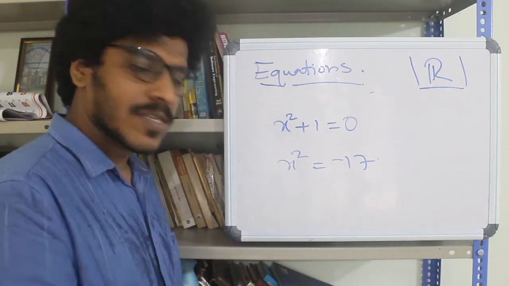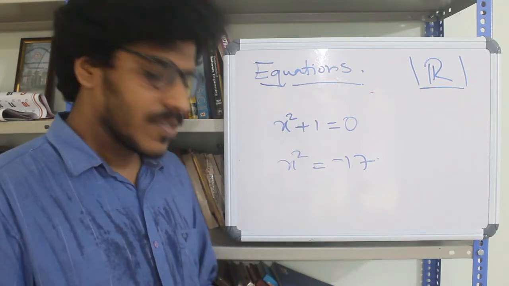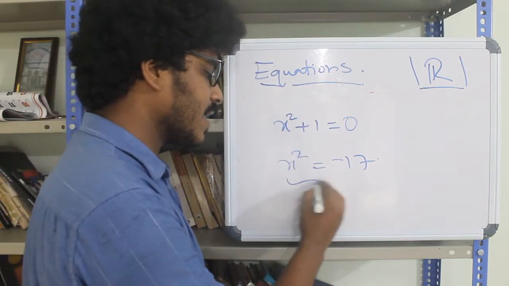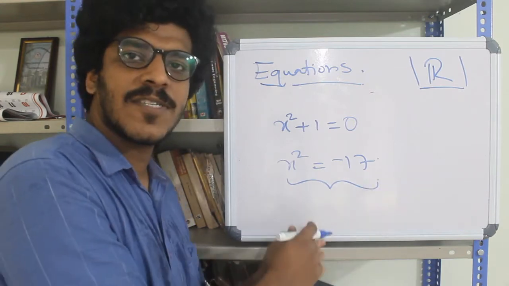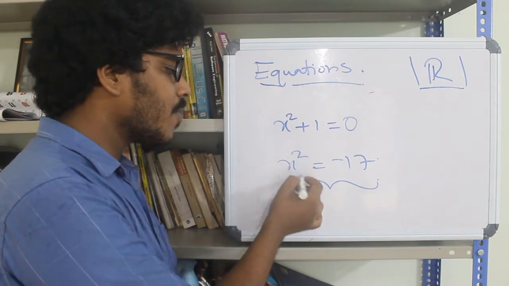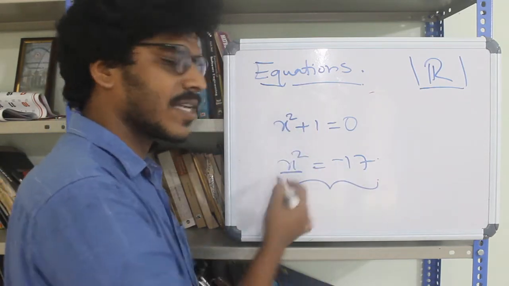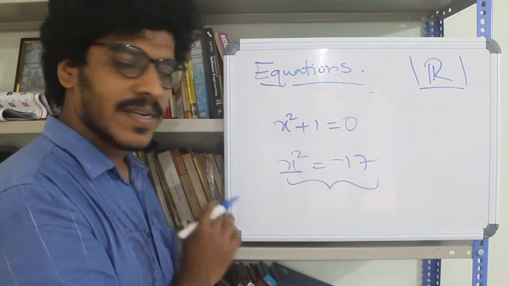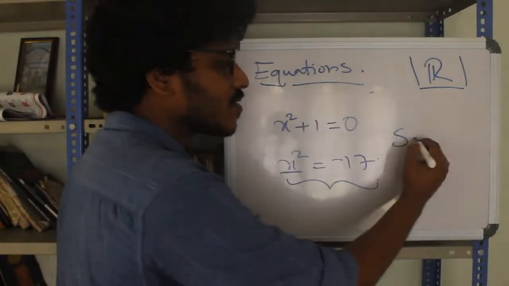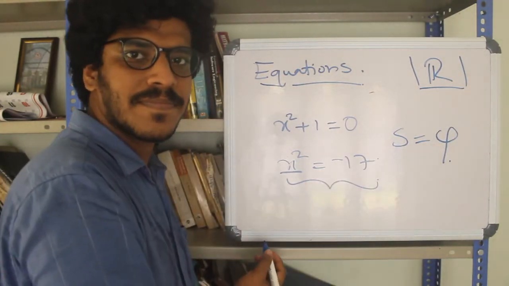No. The square of any number has to be either 0 or positive. So this equation has no solution, or the solution set of this equation has to be empty, since no real number can replace x successfully holding this equation. These are examples of the case where the solution set is empty.